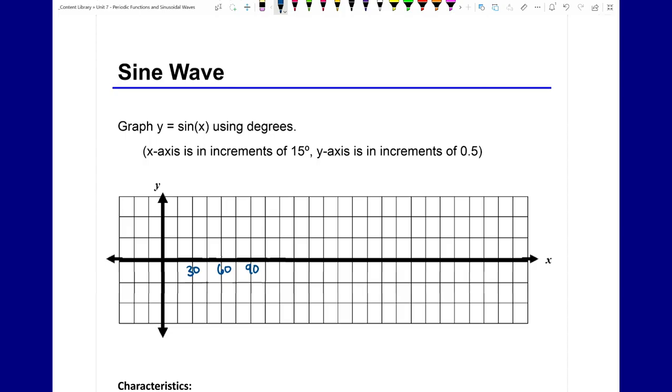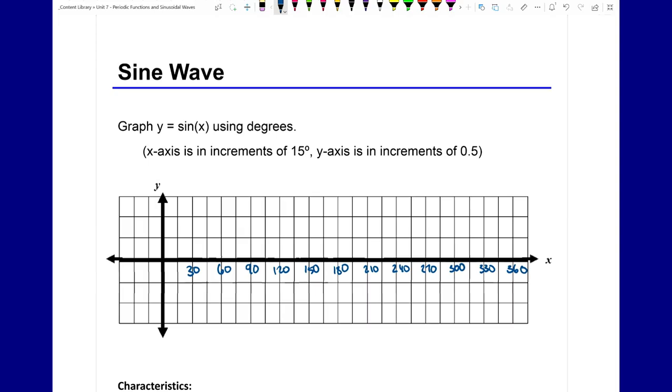So we have 30, 60, 90, 120, 150, 180, 210, 240, 270, 300, 330, and 360. So basically one full repetition, or one full cycle, of a circle.